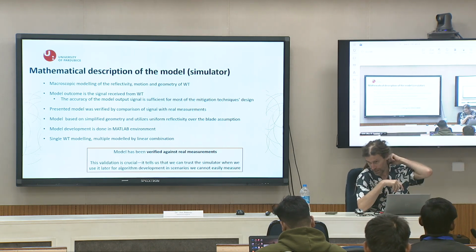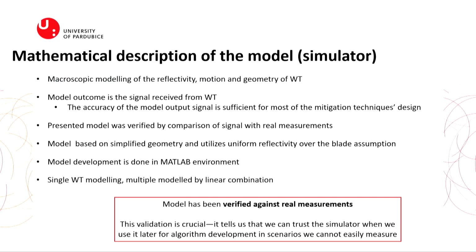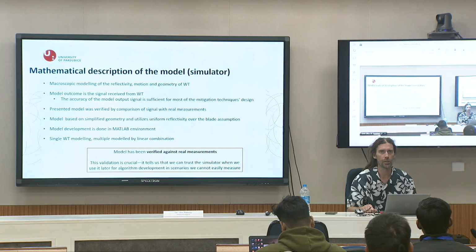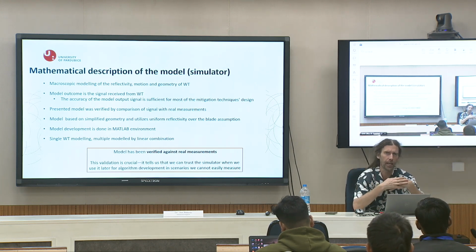The presented model was compared with real measurement, not signal with signal, because if I compare one measured signal and a simulated signal, it will be different, of course. But we make a comparison of spectra and spectrograms. And you will see later that they fit very nicely.